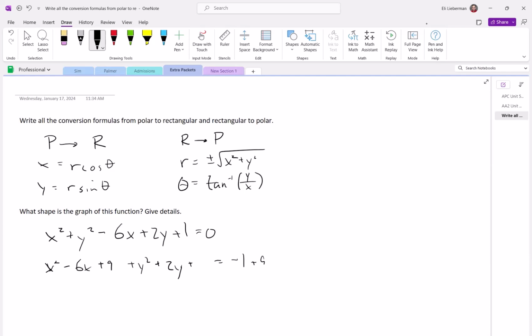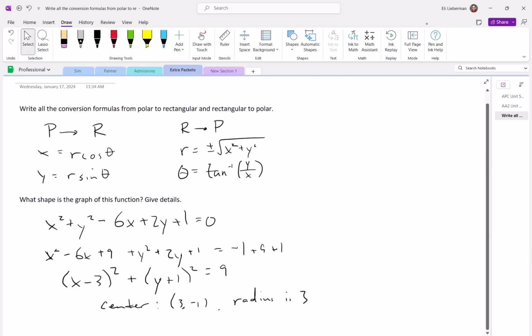And for the y's, I'm going to add 1 to both sides there. I can now rewrite this as (x minus 3) squared plus (y plus 1) squared equals 9. I now know that the center is (3, negative 1) and the radius is 3.